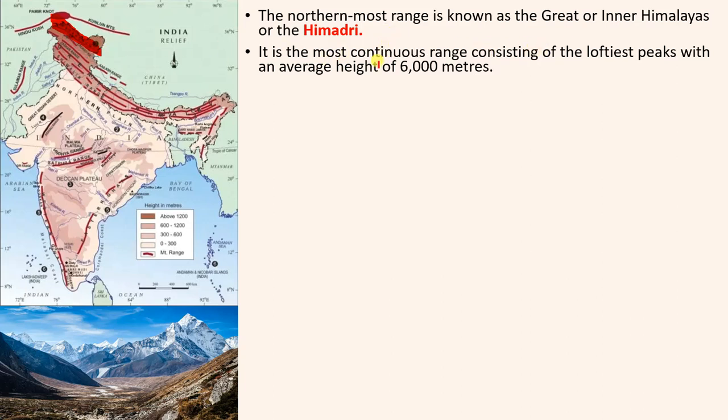Continuous means there is a uniformity in their height, of the loftiest peak with the average height of 6,000 meters. So in this area, whatever the mountains are there, their average height lies about 6,000 meters. It contains all prominent Himalayan peaks. Most of the prominent Himalayan peaks are found in this region.